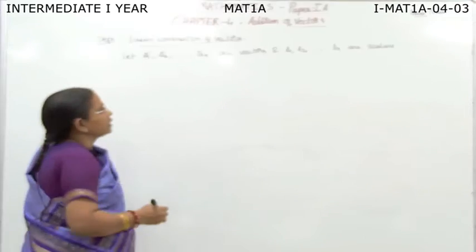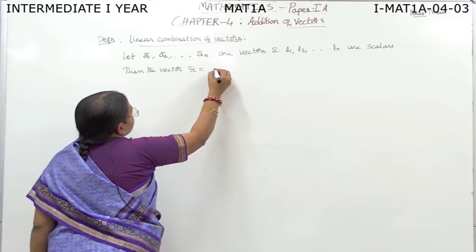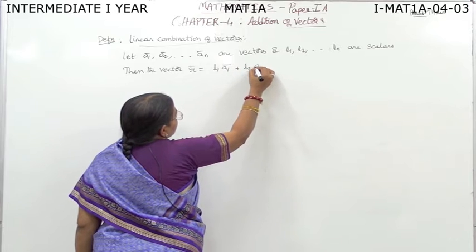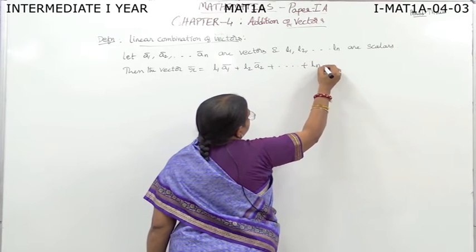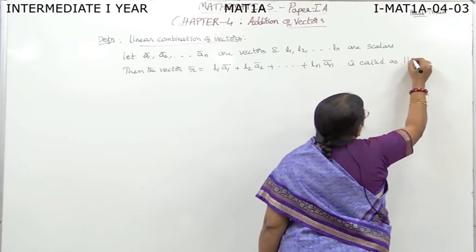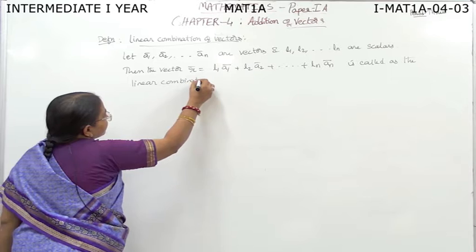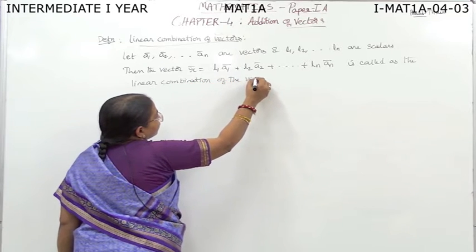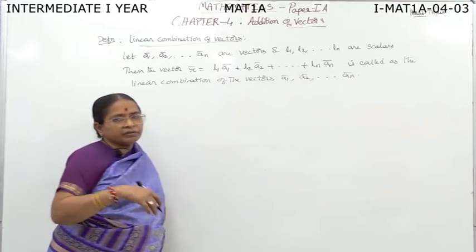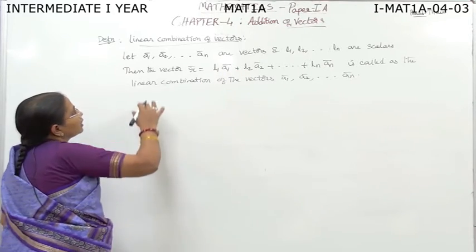Then the vector l1a1 plus l2a2 plus so on plus lnan, multiplying each vector by its scalar, is called the linear combination of the vectors a1, a2, so on, an.